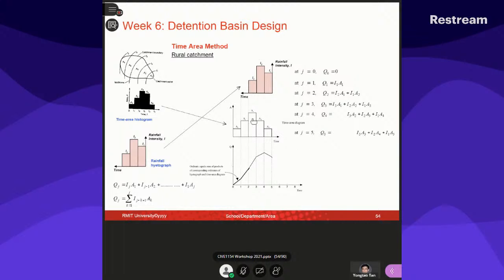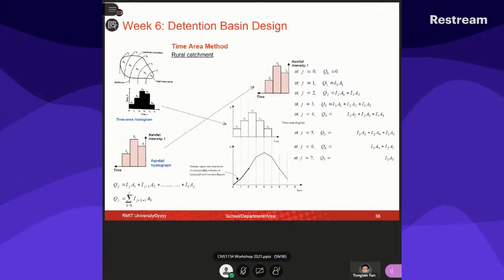The contributing areas are A3, A4, and A5 because there is no rainfall on A1 and A2 anymore. Now at time T6, only two areas are contributing, A4 and A5, with corresponding intensity I3 for A4 and I2 for A5.